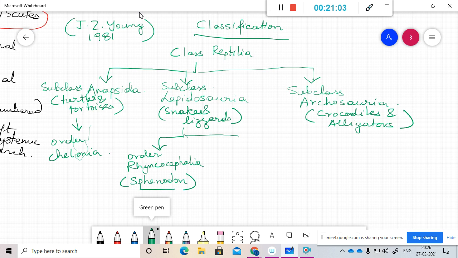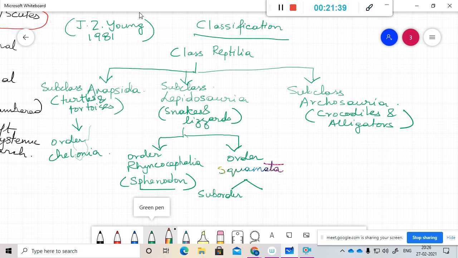And you have order Lacertilia. They have got two suborders. One is the suborder, no, this is not Lacertilia. I always make this mistake. This is Squamata.